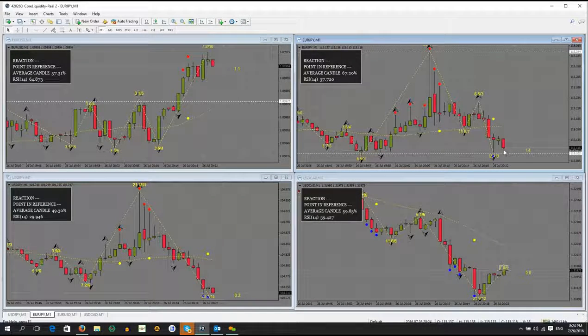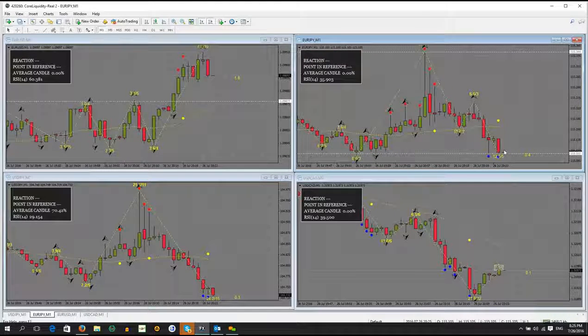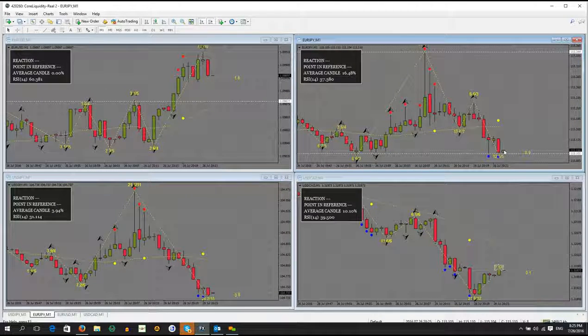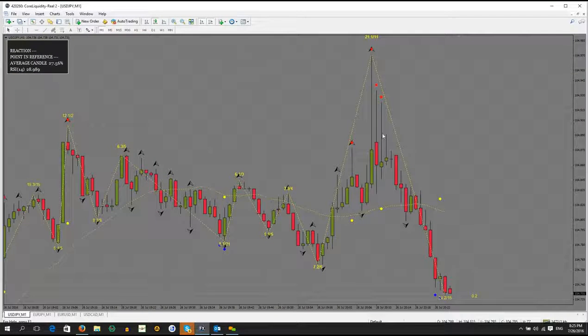When the robot receives the signal, it will send it to the platform with at least a 20 seconds delay. That means that you lost exactly the point when you have to enter, where the volatility is the biggest. So the price will react very fast, and when you enter, you will enter at a price that is not good for you. So it'll be the difference between winning and losing, okay.